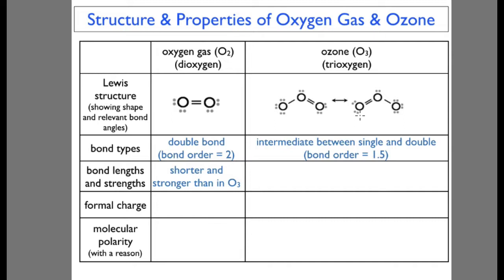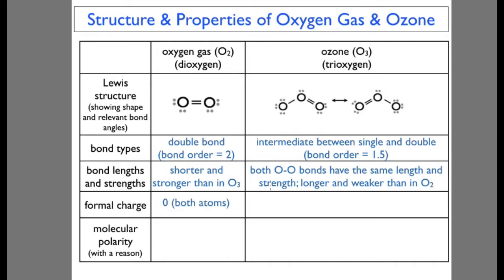The oxygen-oxygen bonds have the same length and strength in ozone. So despite this image here, the reality is that both bonds are in between a double bond and a single bond. Okay. So they're longer and weaker than in O2, which is a pure double bond.